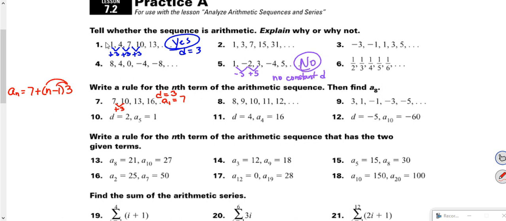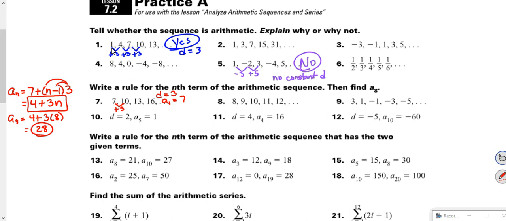And again, that has to be distributed. So 7 minus 3 is 4 plus 3n. So that's my rule. And then A sub 8 is just 4 plus 3 times 8. So 28. Okay, I hope that's helpful.